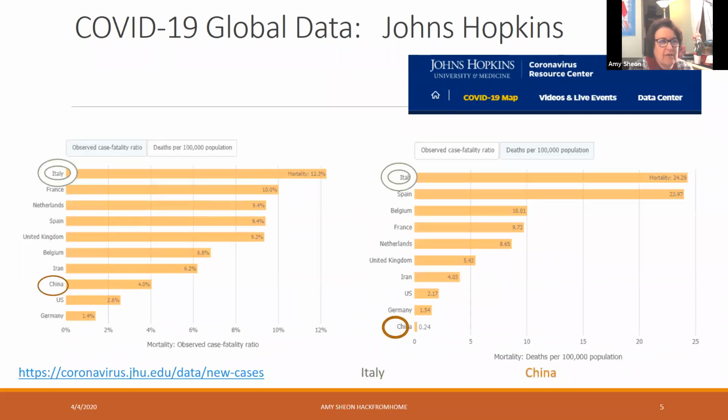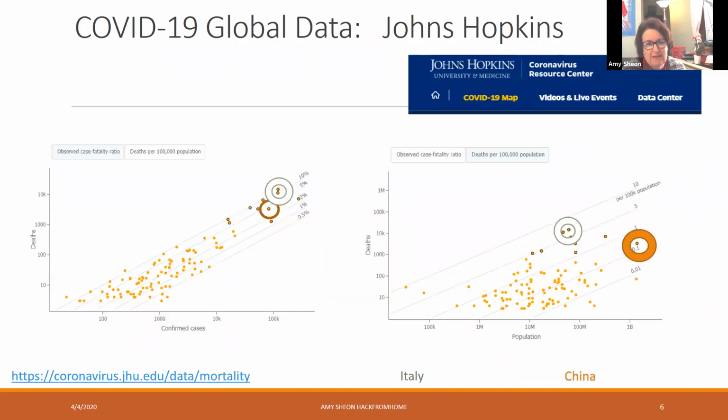But of course, a couple of the fundamentals are the fatality ratio, which is your likelihood of dying if you have it, and then the overall number of deaths for an entire population. And these are, of course, very, very important dimensions, dynamics of the epidemic. And you can also plot them out and look country by country.